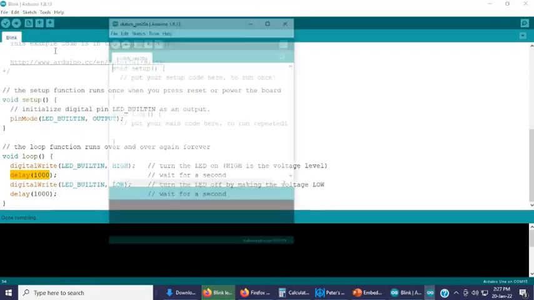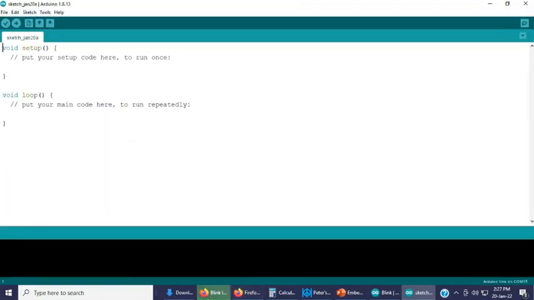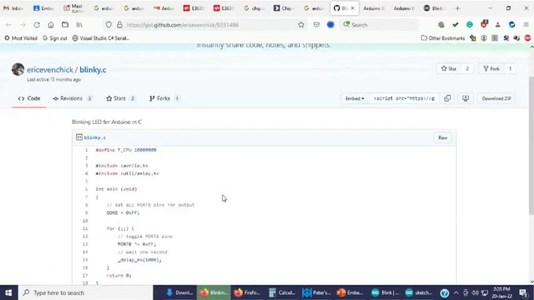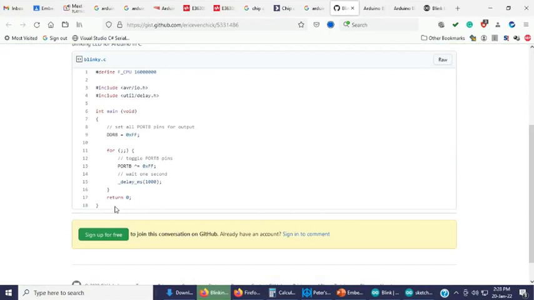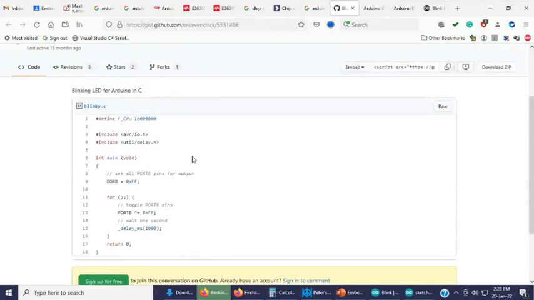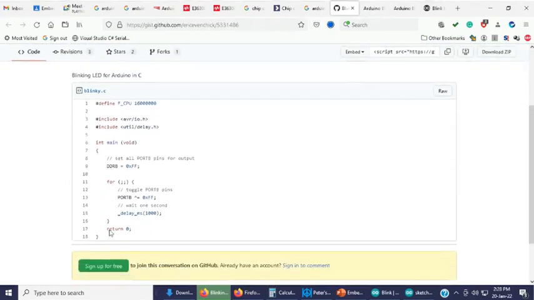Okay, what will happen if I use embedded C instead of that? Okay, this is AVR. Okay, I can try this. No issues.